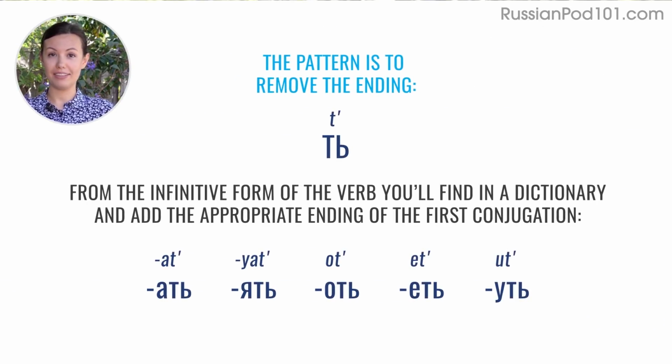So the pattern here is to remove the ending -ть from the infinitive form of the verb you'll find in a dictionary and add the appropriate ending of the first conjugation. The infinitives of the first conjugation verbs usually end in -ать, -ять, -оть, -еть, -уть, and so on.